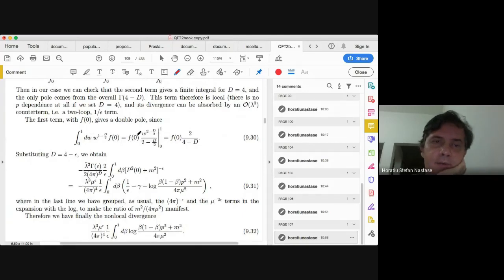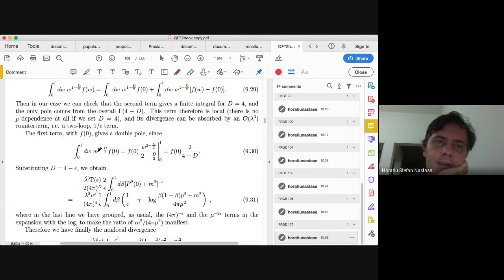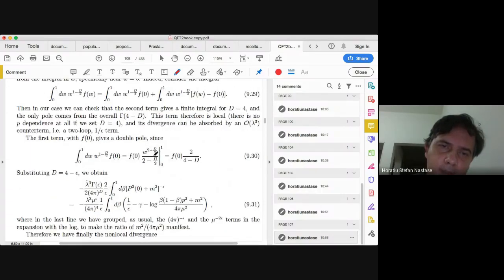So by the way, when w goes to 0, we obtain that this integral would be f of 0, which is something, but then times w to the power 2 minus d over 2, divided by the same power, in between 0 and 1.